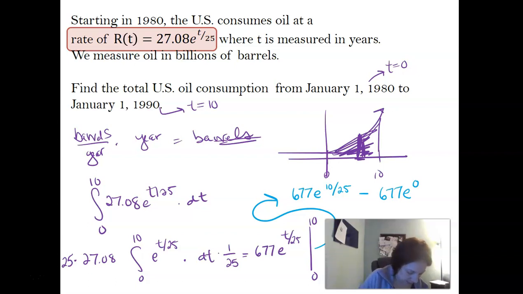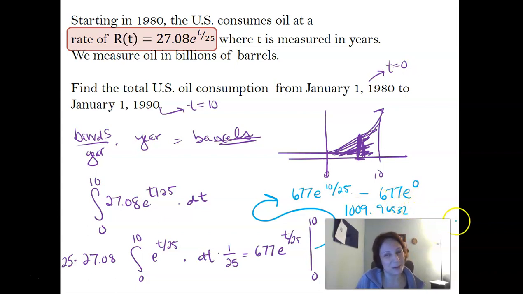All right, let's see. E to the 10 over 25 times 677 is 1009.96532. That's what I see on my screen.